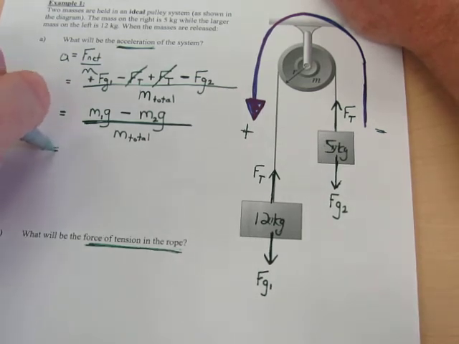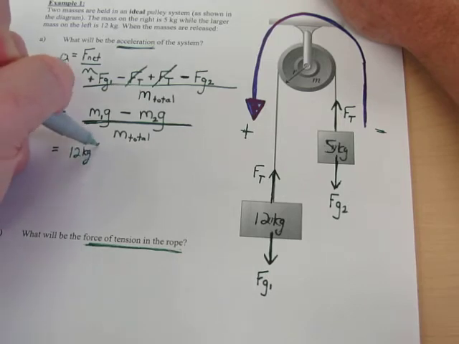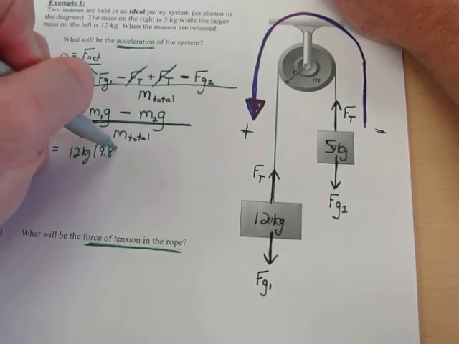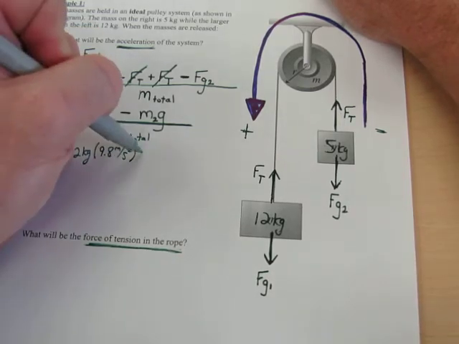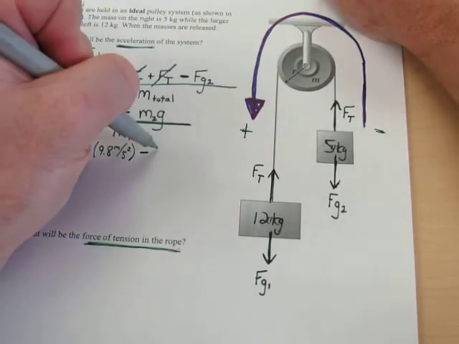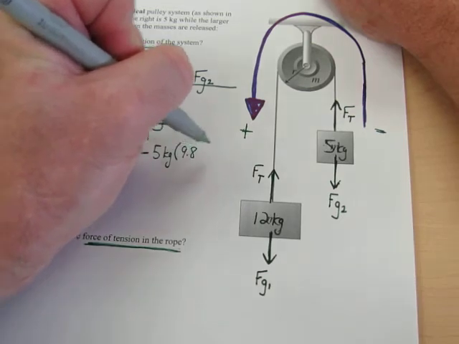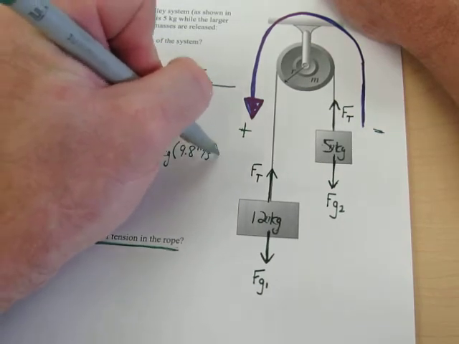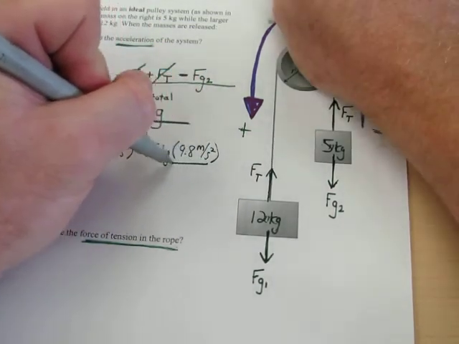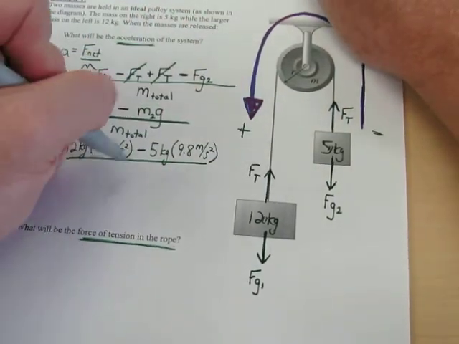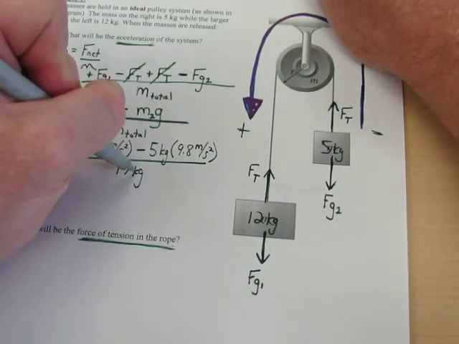So let's sub into all this. The very first mass was 12 kilograms. G is 9.8 meters per second squared. Mass number 2 over there on the right hand side is 5 kilograms. G is 9.8 meters per second squared. And the total mass of this system is 17 kilograms.